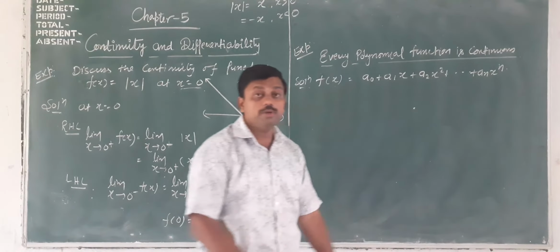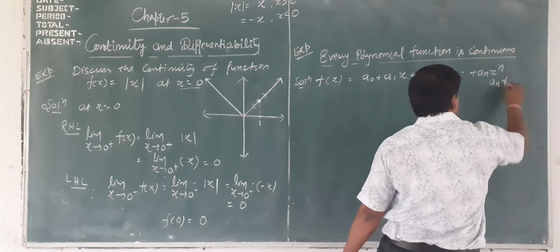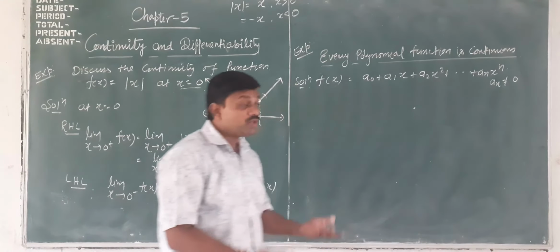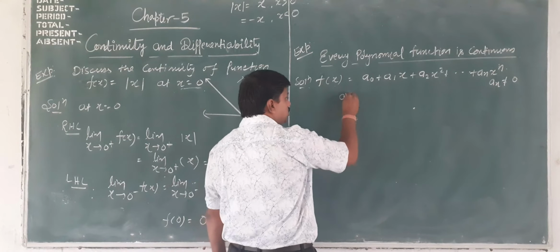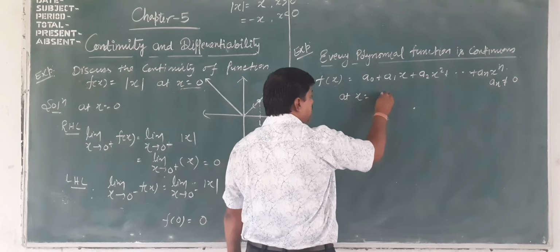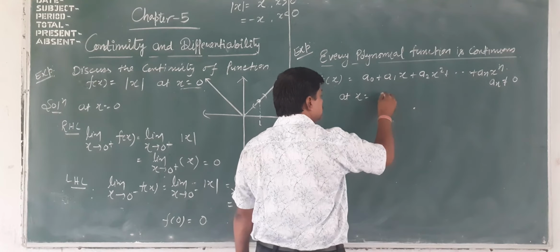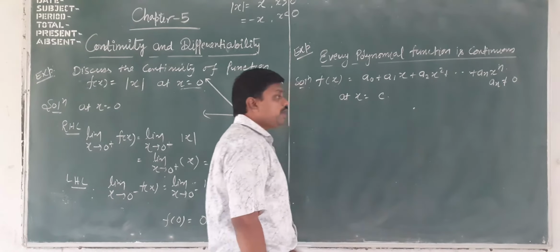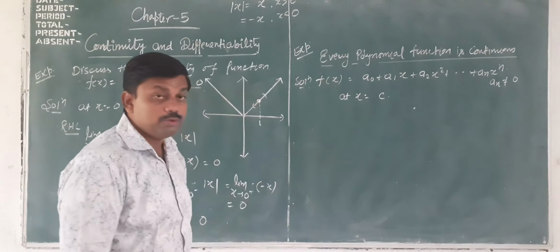This is a polynomial of degree n where an is not equal to 0. This is the polynomial function and we have to check it. Suppose we are taking any point c. We have to check the continuity of that function at x equal to c.